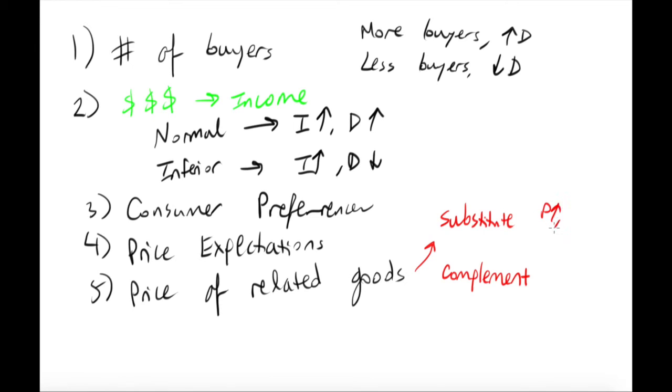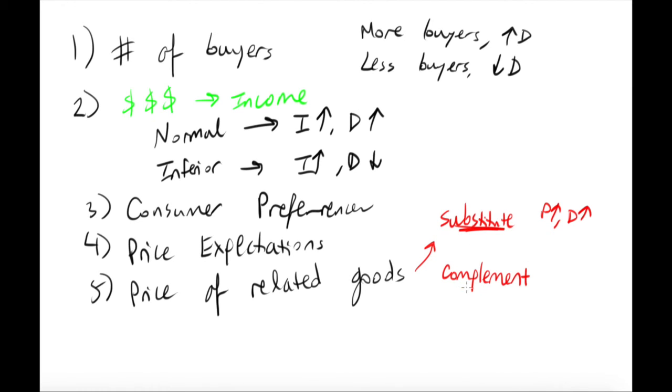This makes sense because the other good is something that can replace your good, and there's little noticeable impact on the utility of a person. So in the case where the price of this alternative goes up, then the demand for your good is going to go up because people want to shift away from the substitute towards your own good.